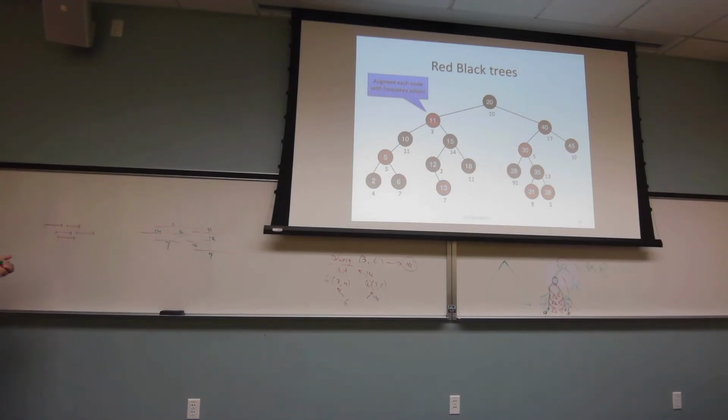There are some minor concerns with regard to endpoints. Let's assume for now that all the endpoints are disjoint. Every endpoint, I am going to put it down. Each point here corresponds to either a left endpoint or a right endpoint.